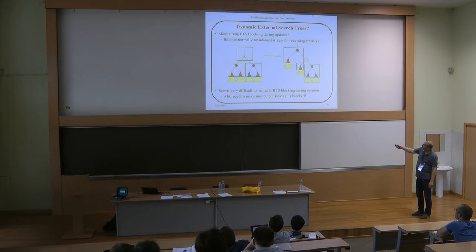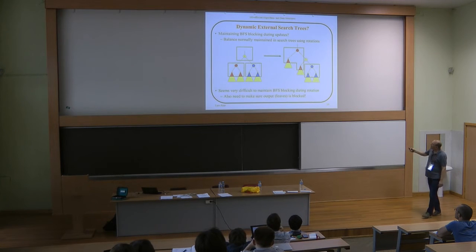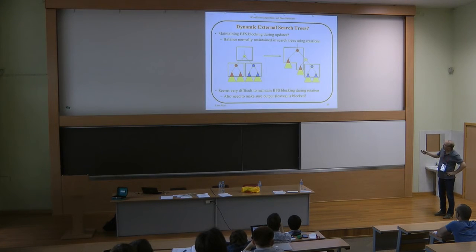The blue guy sitting here is nicely over here. But y has suddenly fallen down here. It was up in the block, so it's sitting together with some other stuff up here. This y needs to go in this block, which means that there's not room for all this red stuff. And it's also unbalanced now. So I need to redistribute this red stuff, taking some of these, which means that it cascades down the tree.